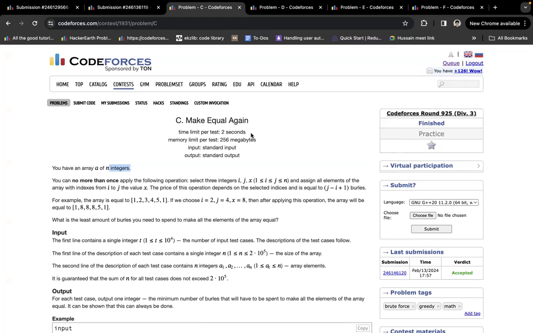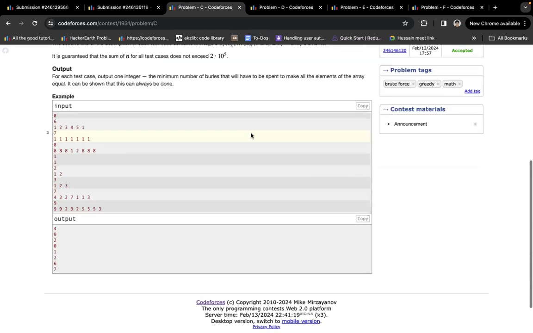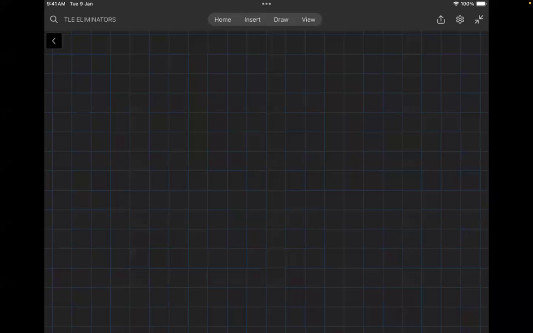Now, what does the problem say? Yeah, we will be discussing F, not G. So what does this problem say? That select three integers i, j, and x, and set the entire range from ai to aj to elements x. Basically, if I have an array 1, 2, 3, 4, 5, I select a range.